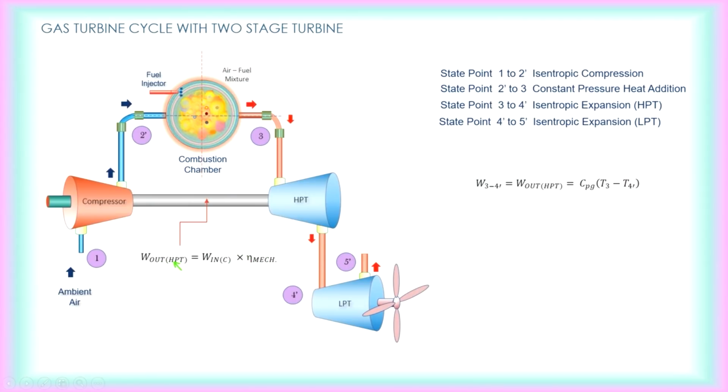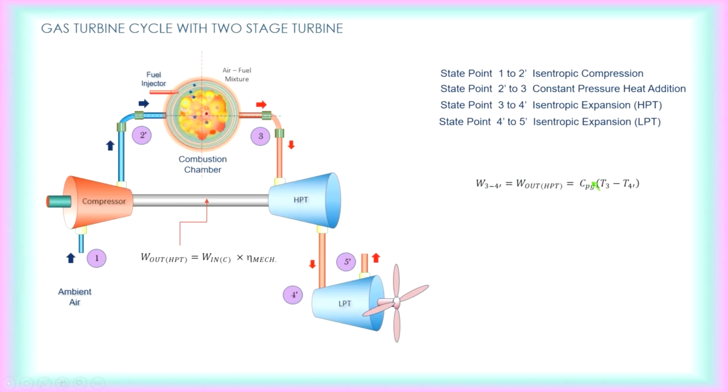The work output of the high pressure turbine multiplied by the mechanical efficiency would be equal to what is received by the compressor. That is the work input. So this one, put it the other side. Okay, so this is my mistake again. So the work output of the high pressure turbine is equal to CPG, it refers to the gas.